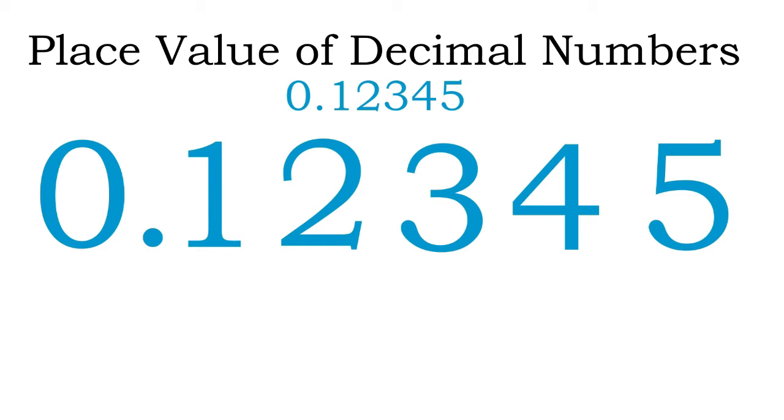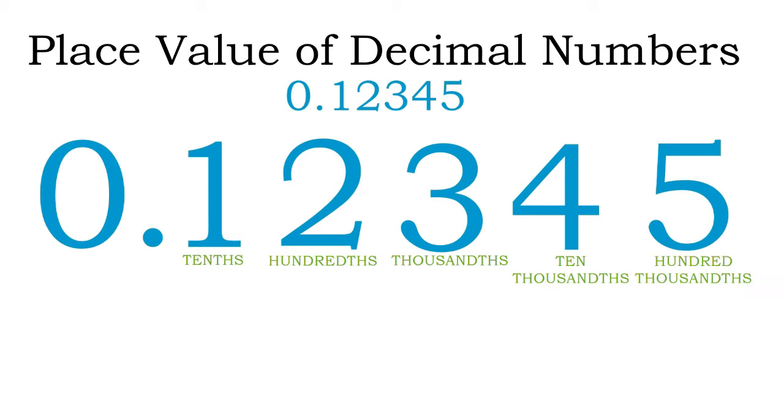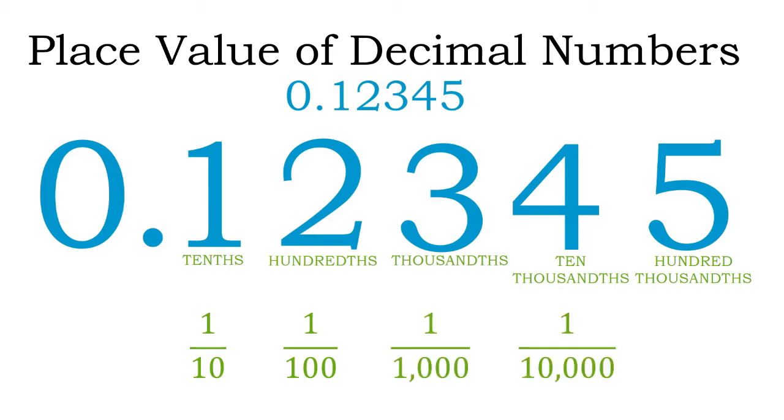We know that the place values for the numbers at the right of the decimal point start from the number after the decimal point, that is, tenths, hundredths, thousandths, ten-thousandths, hundred-thousandths, and so on. Tenths means 1 over 10, hundredths 1 over 100, thousandths 1 over 1,000, ten-thousandths 1 over 10,000, hundred-thousandths 1 over 100,000.